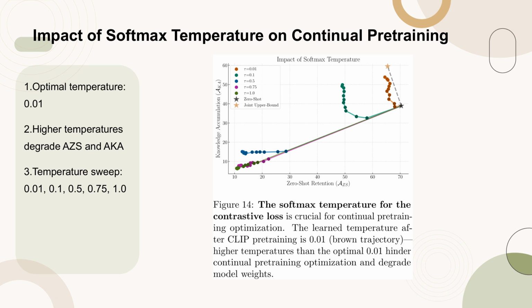Specifically, higher temperatures lead to a 20% impact on zero-shot retention, Azs, and modest drops in knowledge accumulation, Aka. The temperature sweep from 0.01 to 1.0 demonstrates the drastic changes in model behavior, emphasizing the importance of maintaining low temperature values for optimal performance.